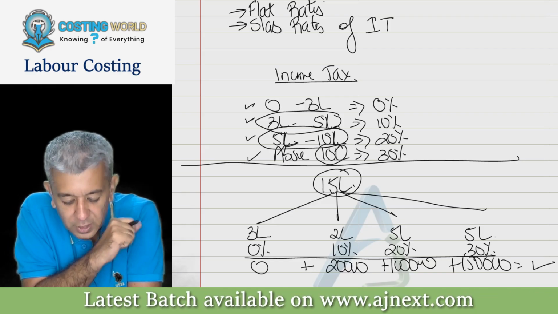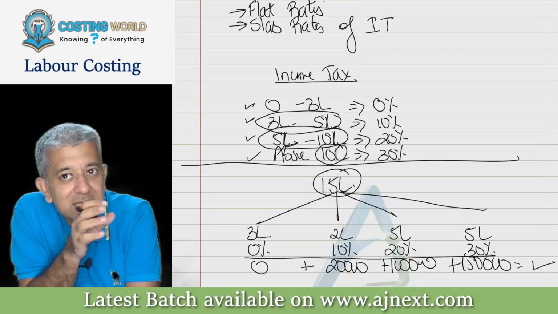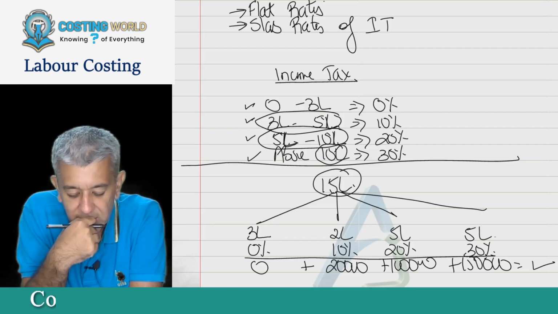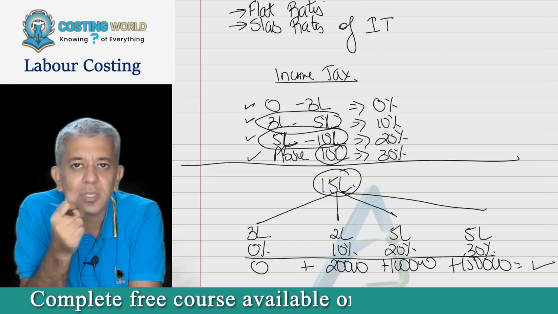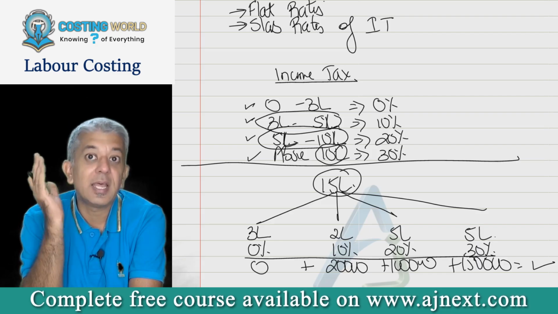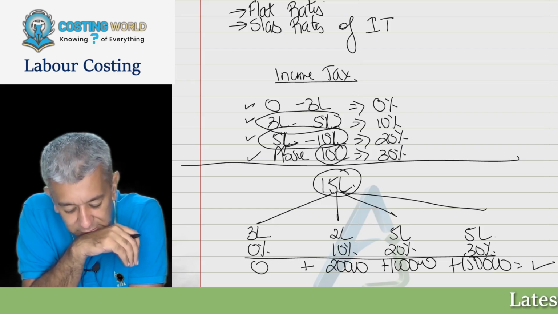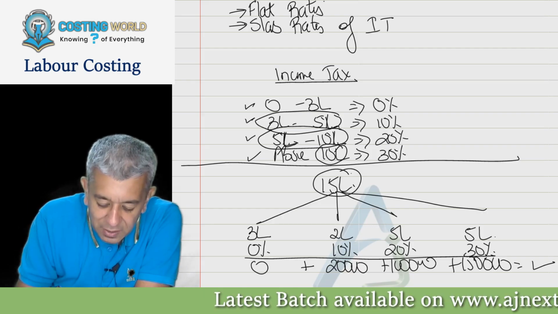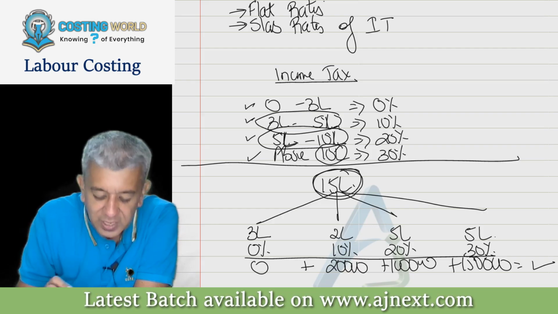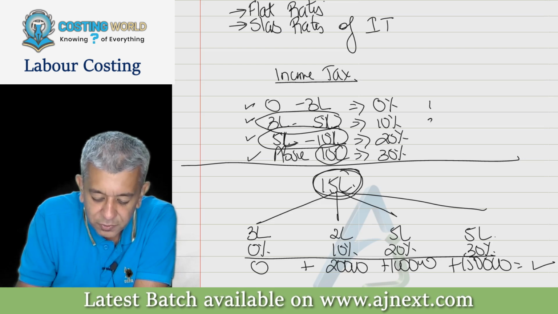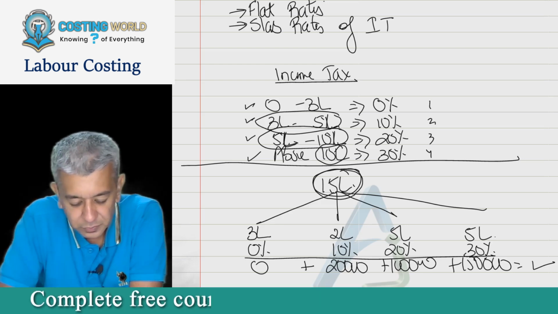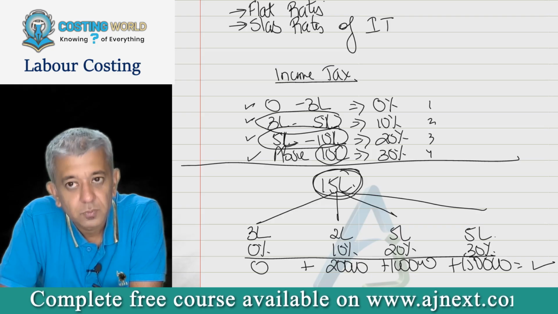If suppose income tax changes, and they say from now onwards there are no slab rates, there are flat rates. Then I will directly look at where 15 lakhs comes. First, second, third or fourth? Fourth.